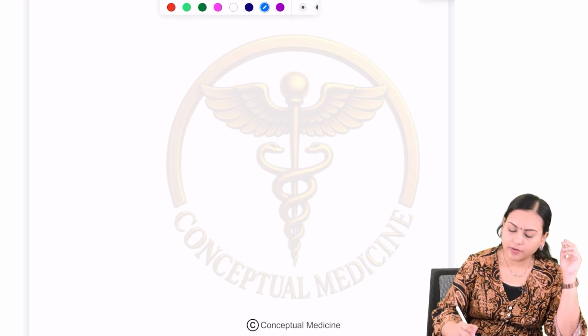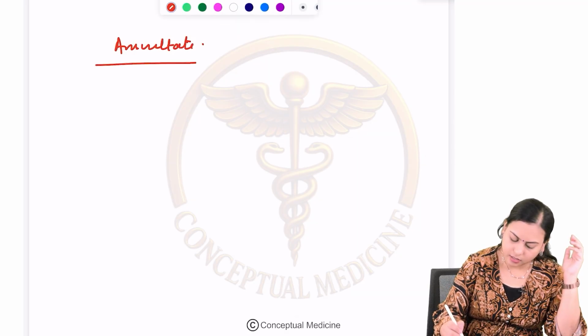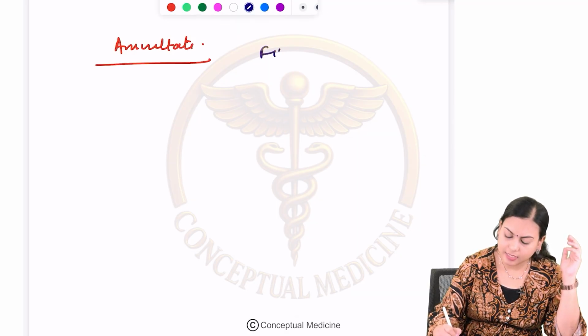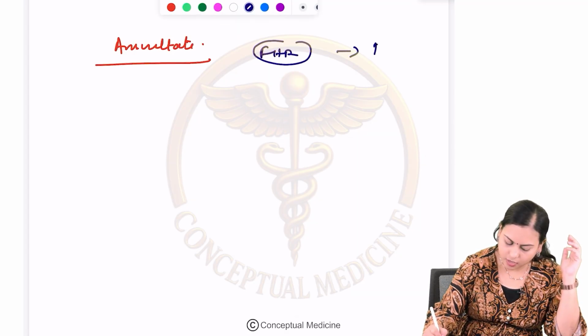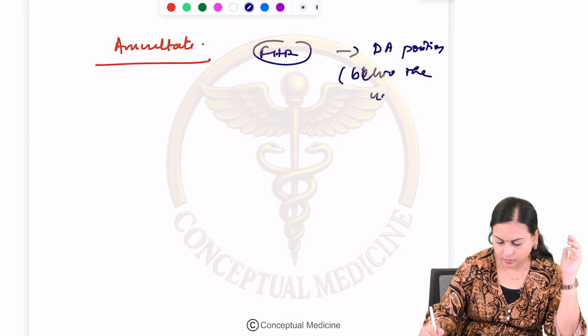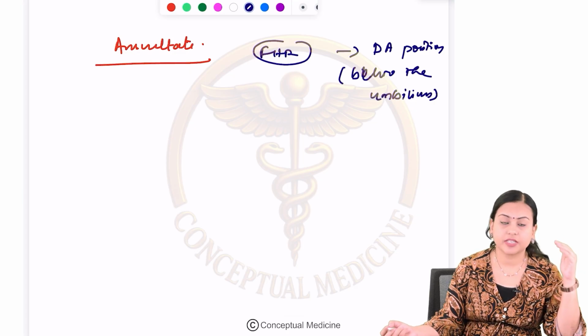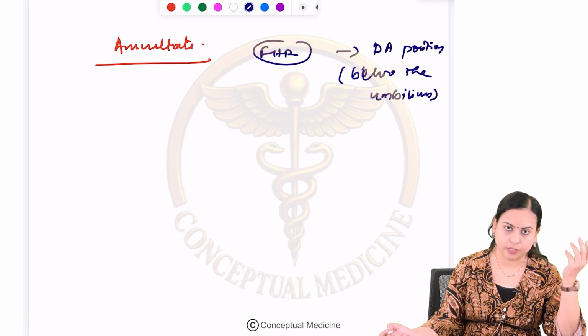And when you auscultate for the fetal heart rate, it is easily heard in case of dorso-anterior position below the umbilicus, whereas it is heard with difficulty in dorso-posterior position.